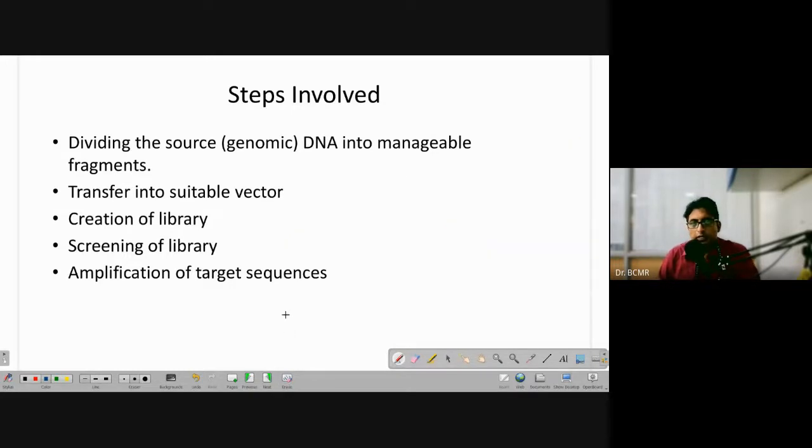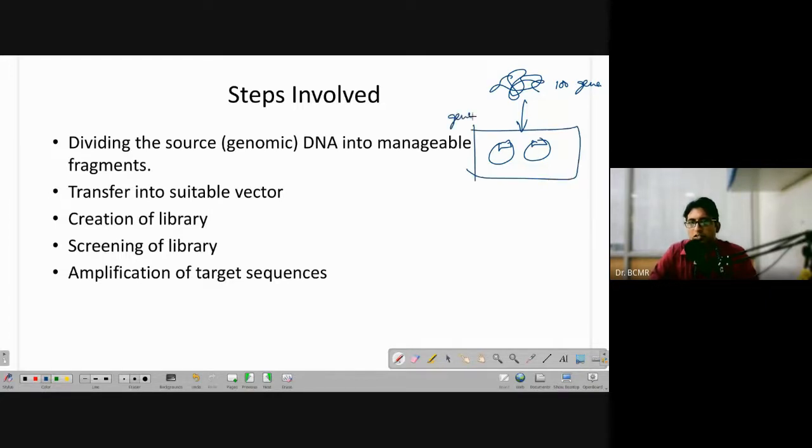So genomic library and cDNA library are something like that. What you do is you take the genome, and it has, say for example, 100 genes. You take all the 100 genes, you clone all the 100 genes, all of them. And that is what you call the gene library or genomic DNA library.